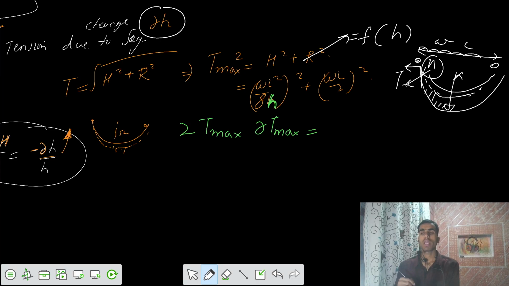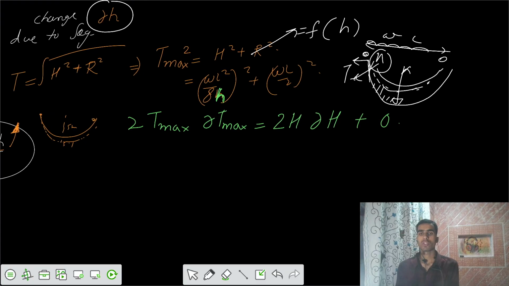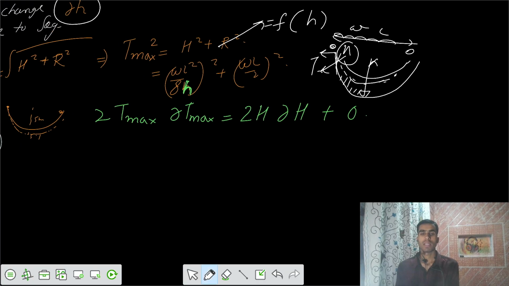R is not a function of sag, so that part would become 0. I would write 2 times H dou H plus 0, as there is no change with respect to sag. So I would get T max dou T max equals H dou H.